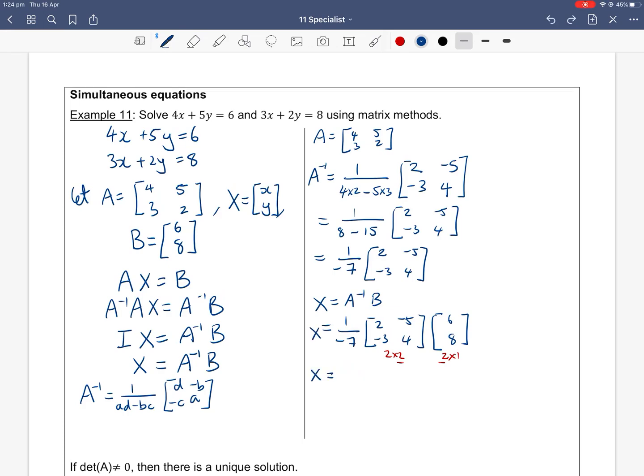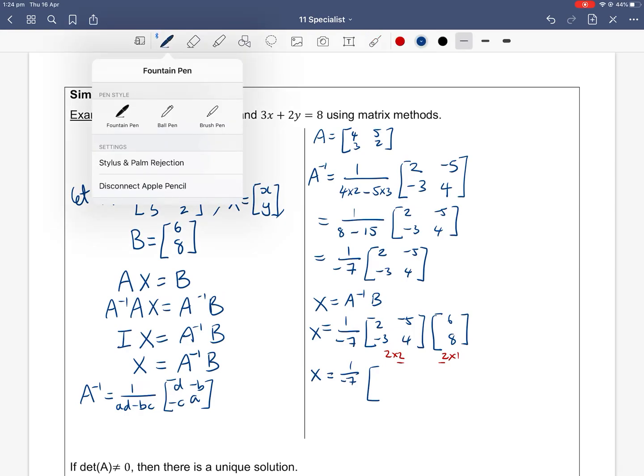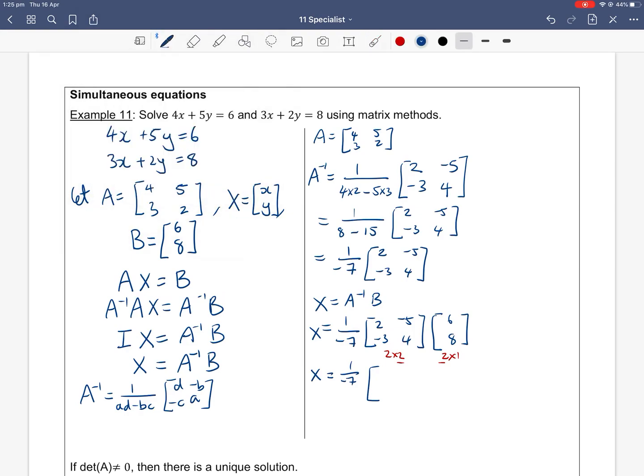So X is equal to 1 over negative 7, and I'm expecting a 2 by 1 answer. Row by column: 2 times 6 is 12, and negative 5 times 8 is negative 40. So 12 minus 40 gives me negative 28.